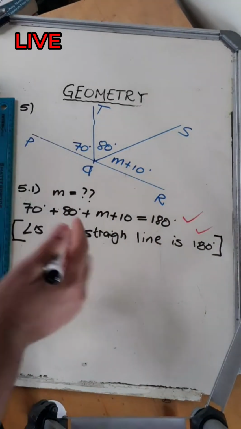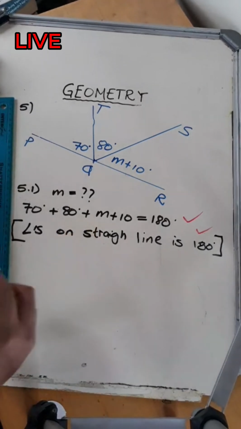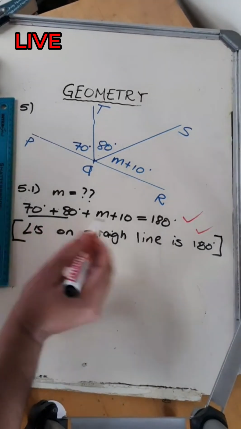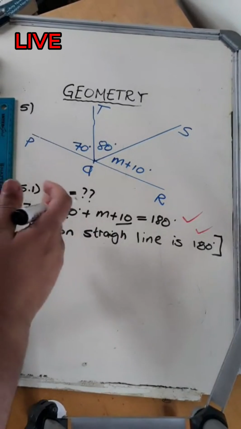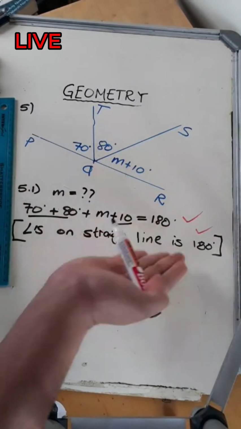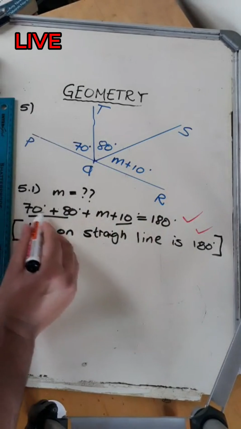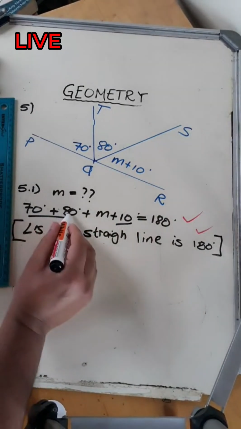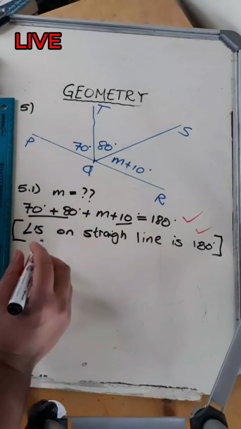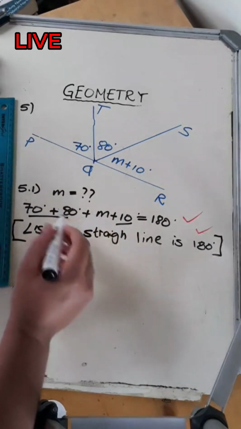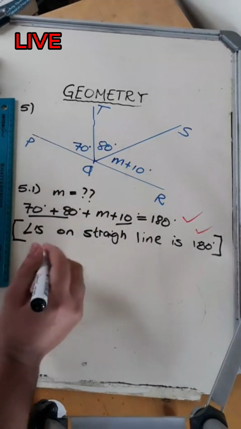Okay, now it's much easier to solve for M. I'm going to add this together because it's like terms, and in the same step I'm going to put these digits on that side. 70 plus 80 is 140, plus that it's going to give us 150, plus that it's going to be 160.